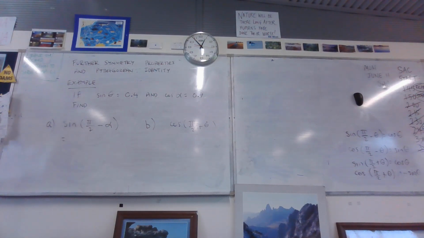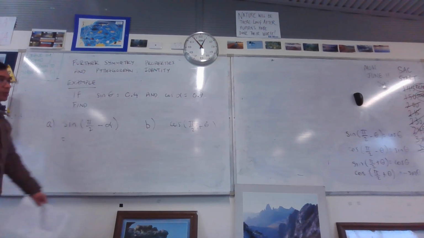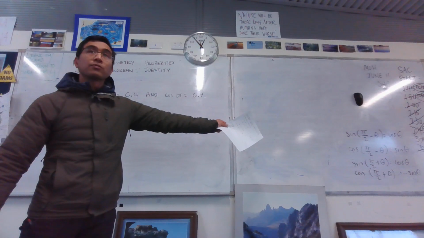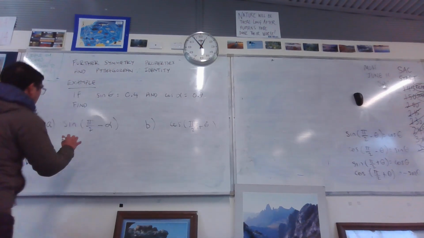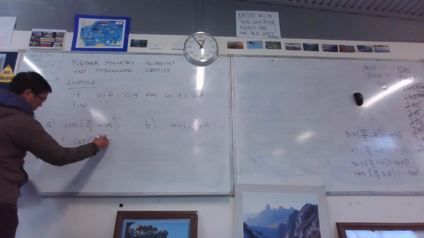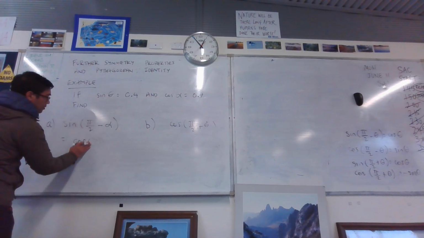So what am I going to do? What is this also equal to? Do I use equations 1, 2, 3, or 4? 1. So now I just punch that out.